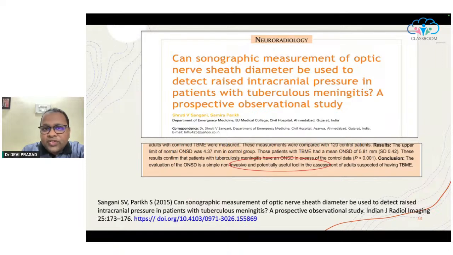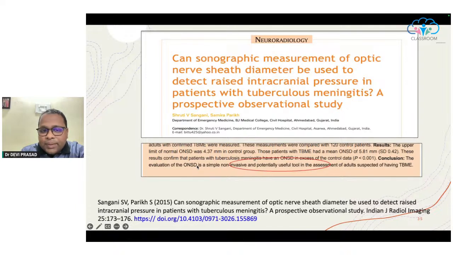Can sonographic measurement of the optic nerve sheath diameter be used to detect raised intracranial pressure in patients with tuberculous meningitis? This was an observational study in which they found that, compared with 120 control patients, in 120 tuberculous meningitis patients, the upper limit of normal optic nerve sheath diameter was somewhere around 4.37 in the control group, whereas those with tuberculous meningitis had a mean of 5.81.